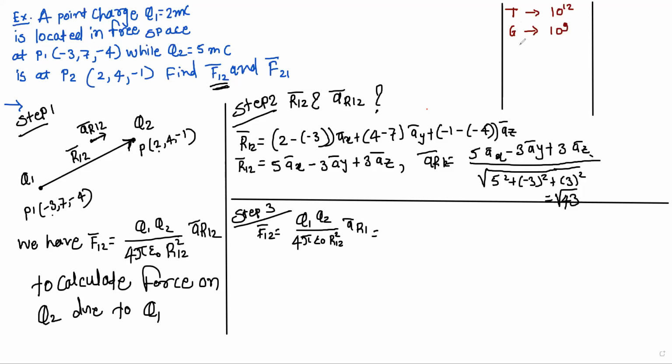Then we have mega, 10 raised to 6. When I say kilo, 10 raised to 3. When I say only Coulomb, or none, it means 10 raised to 0, which means 1.